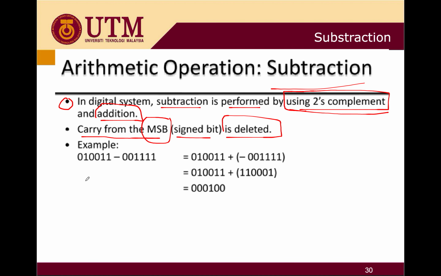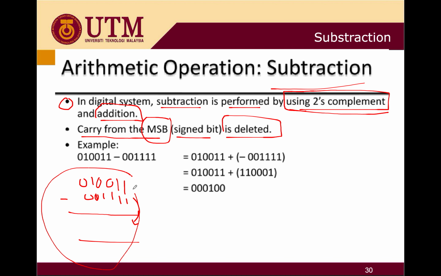So you were given the example. You have 0, 1, 0, 0, 1, 1. You want to minus it by 0, 1, 0, 0, 1, 1, 1, 1. So what happened over here? Can you deduct it directly? You cannot minus it using this system. That's why you first change the number being deducted to the second complement, or you pick it as the negative value.